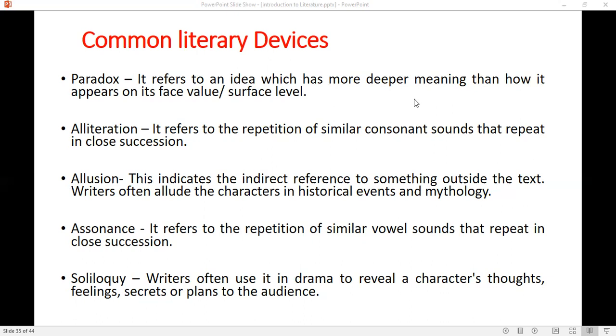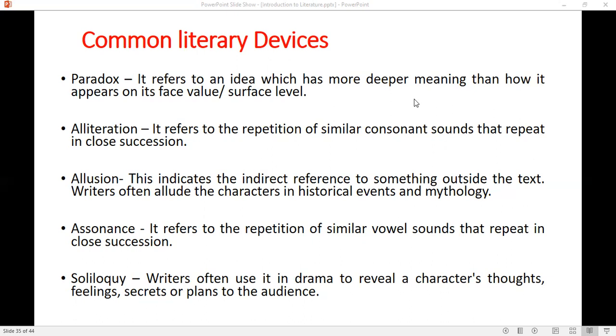Allusion indicates the indirect reference to something outside the text. Writers often allude to characters in historical events and mythology. Soliloquy, writers often use it in drama to reveal the characters' thoughts, feelings, secrets, or plans to the audience.